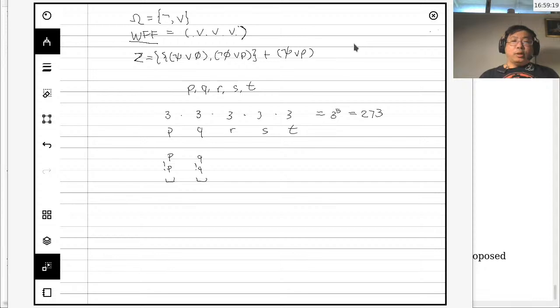And somebody's going to point out that as you increase the number of variables, the number of items in the set will also increase. That is absolutely true. And it's not a very nice curve either, because this is exponential. If n is the number of variables, then the number of items in the set of all the well-formed formulae is going to be 3 to the power of n. Nonetheless, it is finite. That's the best part of it.